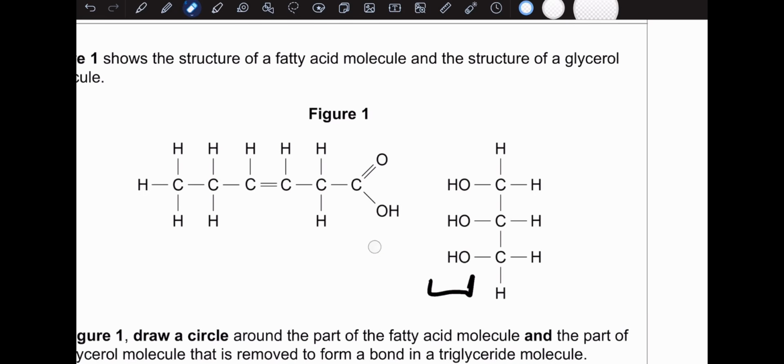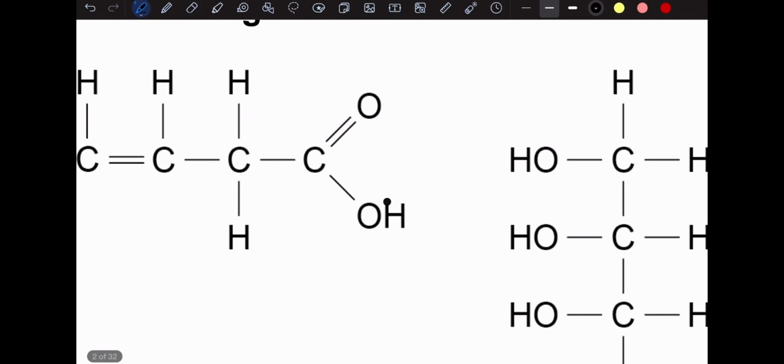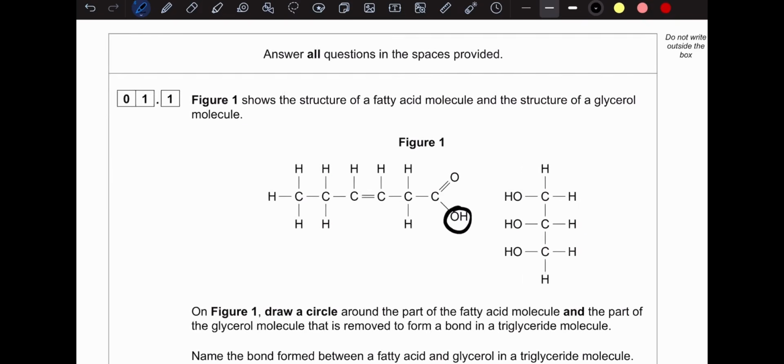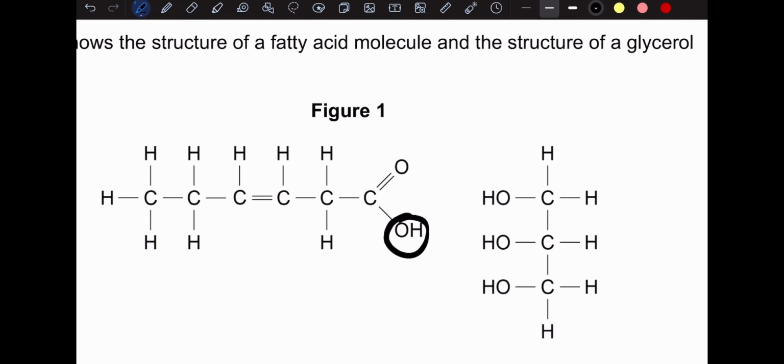Now, in terms of bonds that you know, we often have to take an H and an OH, right? And then if you don't know this reaction, which you really should know if you're doing your A-levels, it's kind of a process of elimination, which H, which OH you take, but it should be pretty clear, right? So we have an OH here, so it makes sense to take the OH from our fatty acid molecule, right?